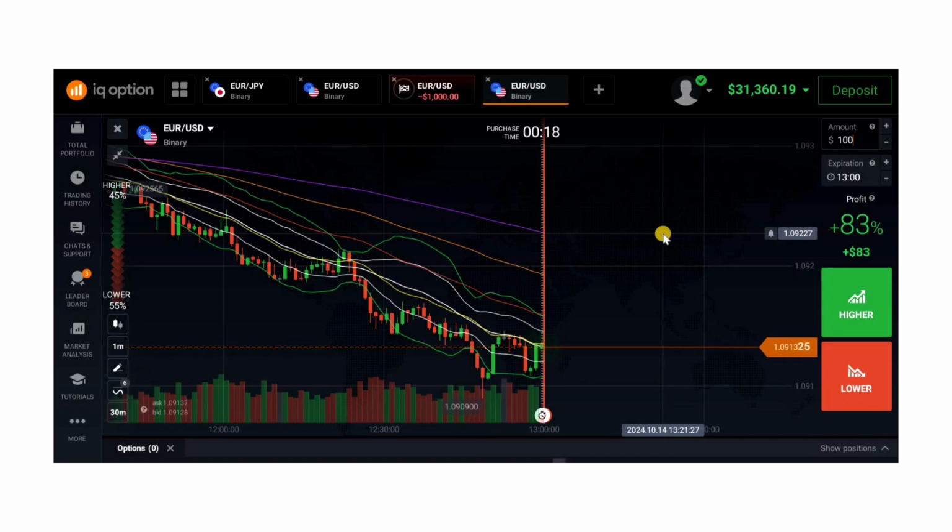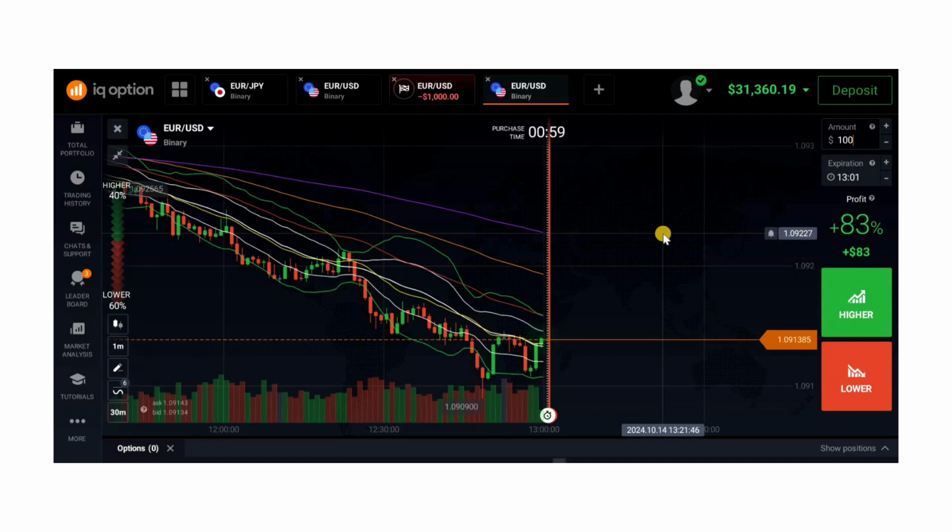You just have to make sure that the losses you have are less than the wins you have, or the losses may be more than the wins, but the amount you used in the wins should be more than the amount you use in your losses. So it's very, very simple and straightforward. It requires courage.